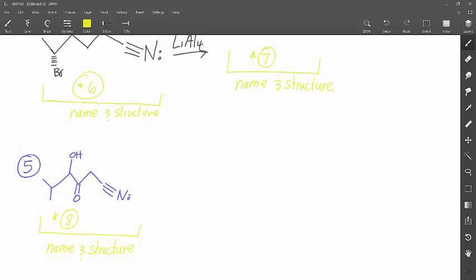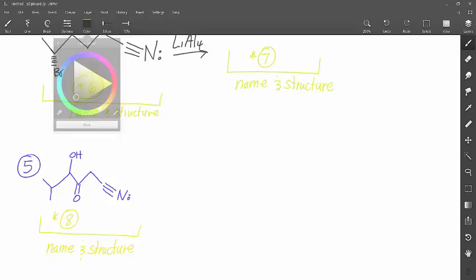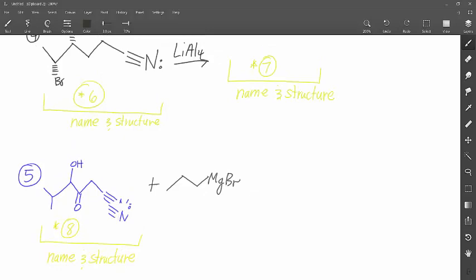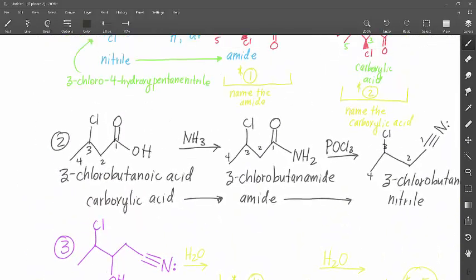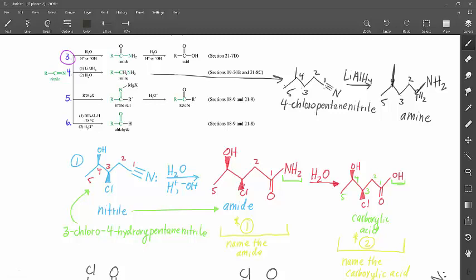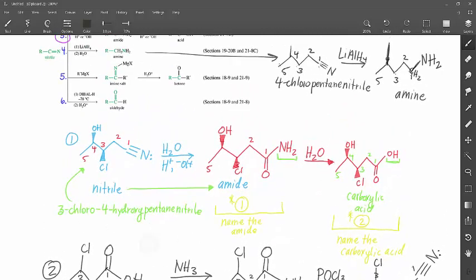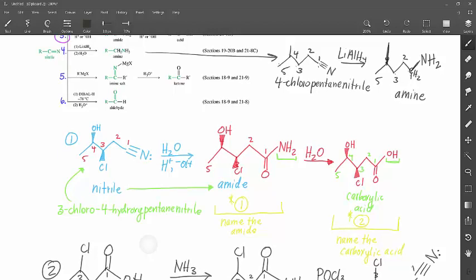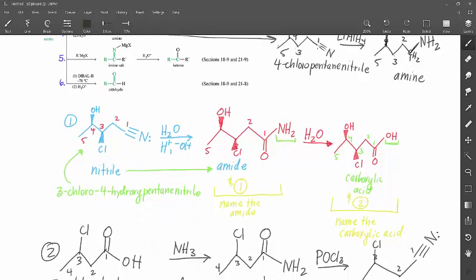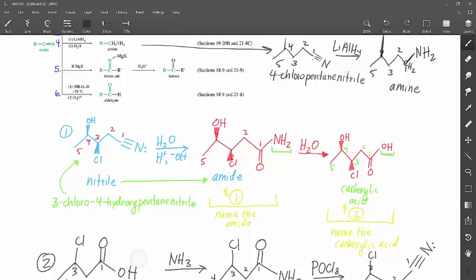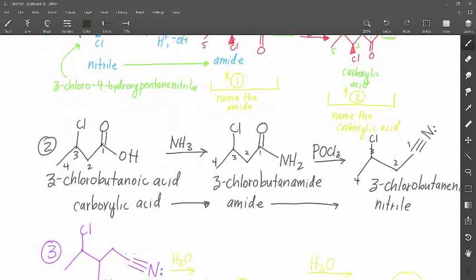And the Grignard I'm going to add to this one is this. Because this requires a Grignard. If you look up here, that Grignard will lead to an imine salt, and when you protonate it, hydrate it, you will wind up with a ketone.